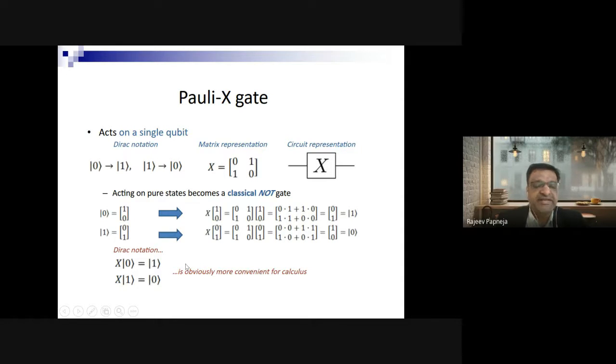Now, for ease of understanding, we write X of 0 is 1 and X of 1 is 0. So basically, the Pauli X gate behaves like a classical NOT gate, because in classical NOT, a 0 switches to 1 and a 1 switches to 0. And the same is the Pauli X gate in quantum computing.